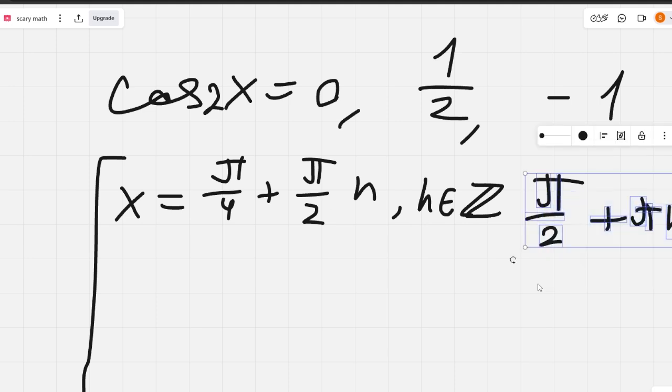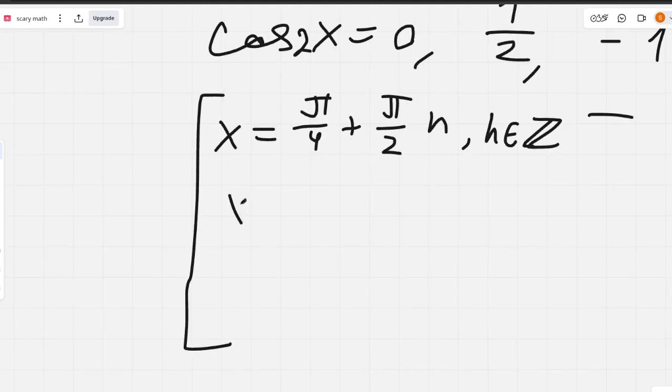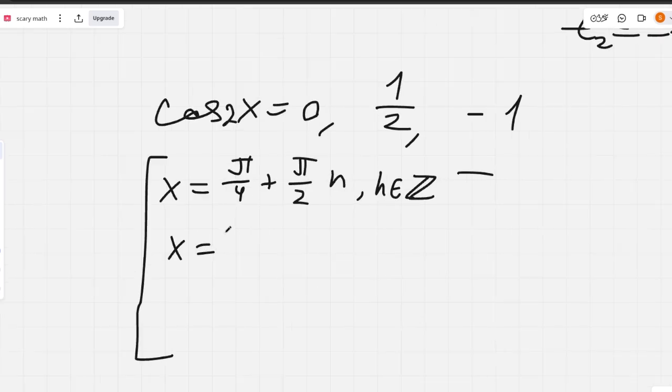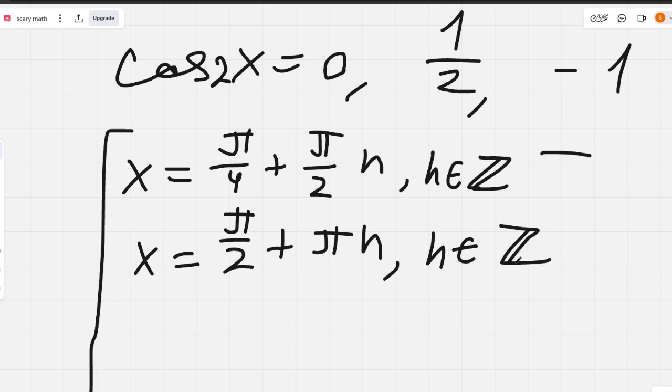Next, let's work on the negative 1. For cosine equal to negative 1, it happens only once every cycle at the pi coordinates, so pi over 2 plus pi n, where n belongs to the integers. Alright, cool.